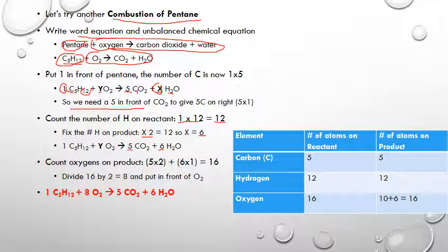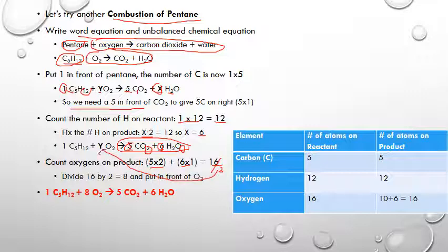So the next thing you do is you count up the number of oxygens. Right? So now on the product side. So we have 5 times 2 is 10. And 6 times 1. Add them together. You have 16 oxygens on the product side. Okay. Now I just said divide this by 2. It's just simple.